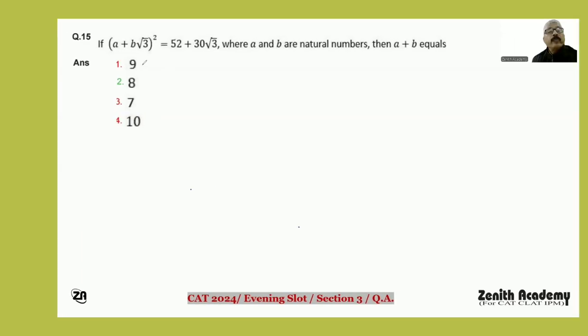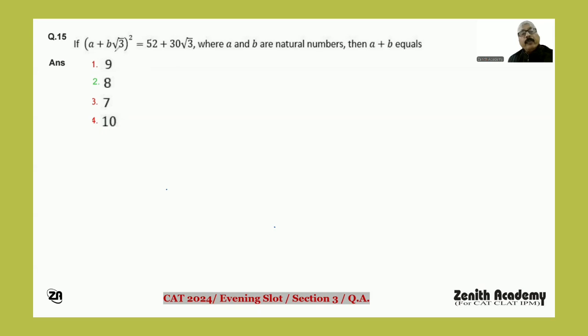लेट्स मूव, क्वेश्चन नंबर 15. If (a plus b root 3) whole square is 52 plus 30 root 3, where a and b are natural numbers, then a plus b is equal to? Again, a simple question. (a plus b root 3) square is 52 plus 30 root 3. You know, (a plus b) whole square is a square plus b square plus 2ab.